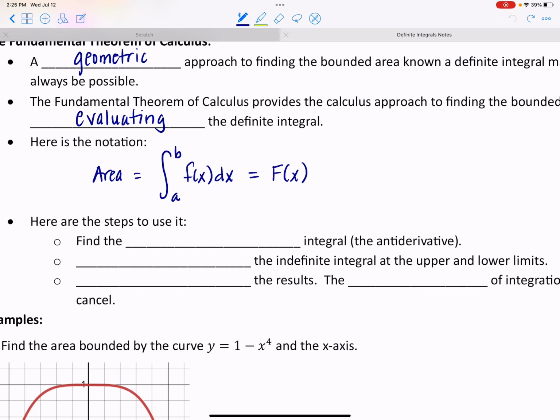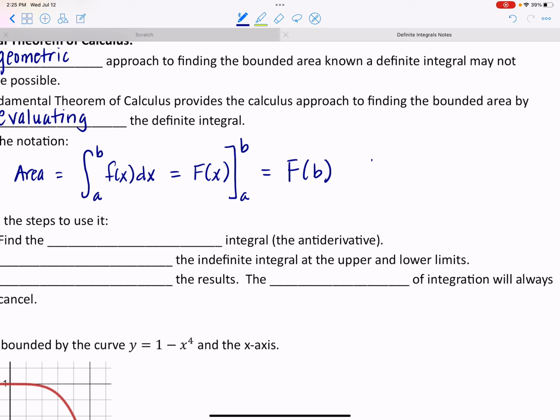And the notation that we use to say evaluate this antiderivative, this new function at b and a, is this. We use this bracket and we say, okay, evaluate this antiderivative at a and at b. And if we find F of b, again, evaluate that antiderivative at b, and evaluate at a, find F of a, and subtract those results, it will calculate that area for us.